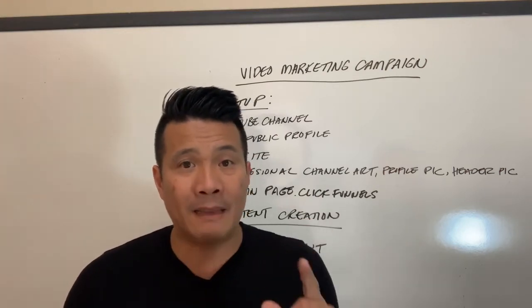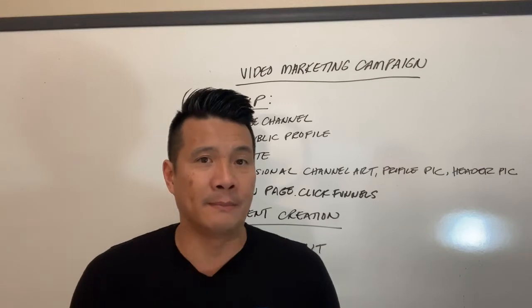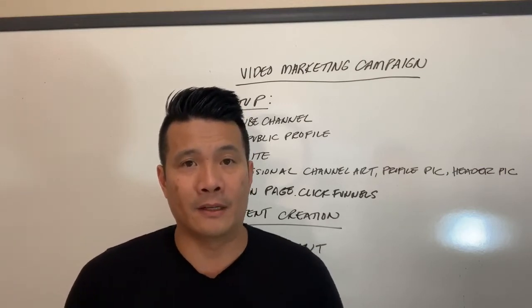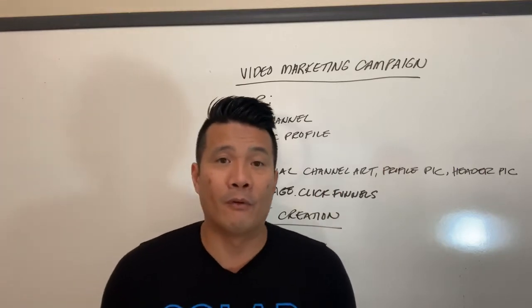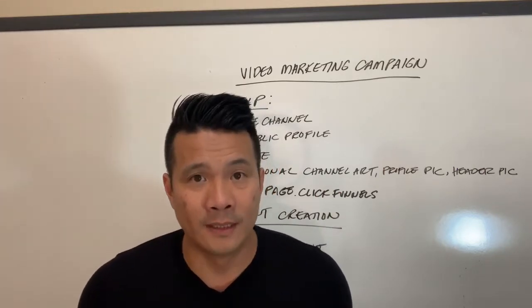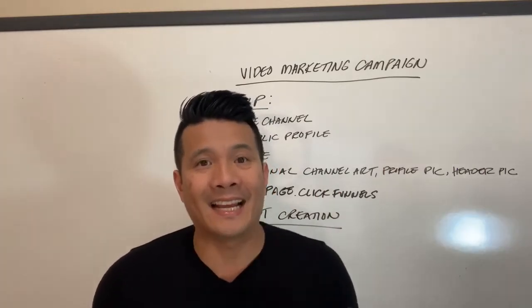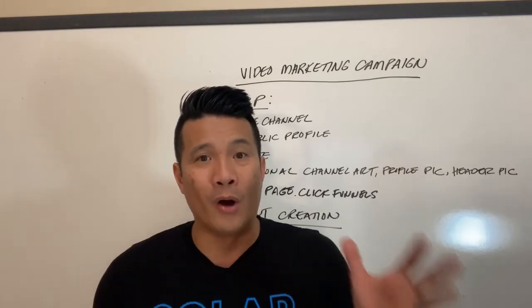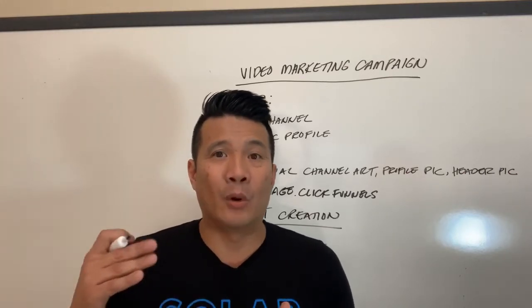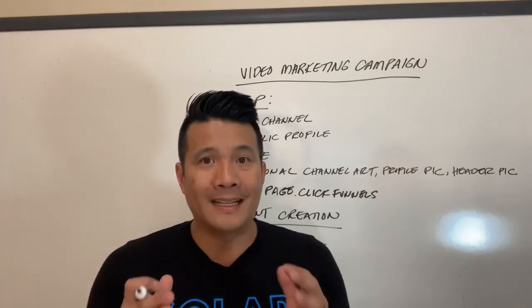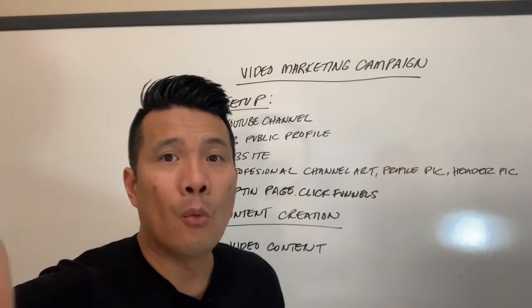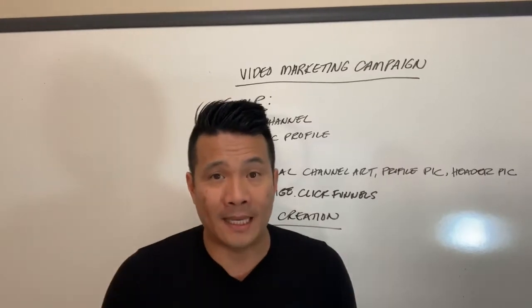This is the key point to creating videos, because a lot of times I see videos out there from people trying to create video marketing campaigns, and unfortunately it's random videos. It's something they think the homeowner would want to hear, but it's not actually what they want to hear, right?